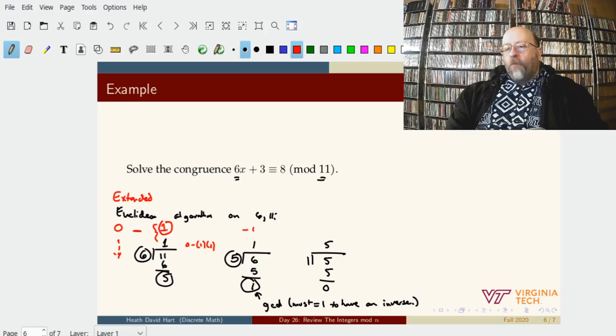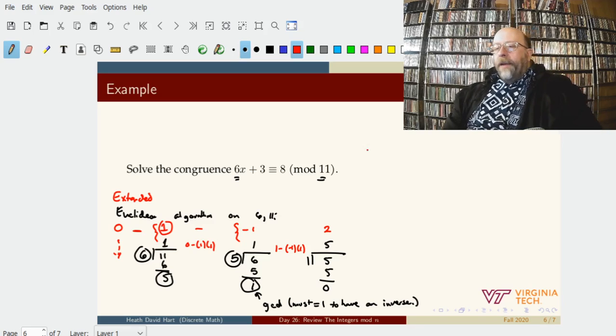And then I will do 1 minus this product. So 1 minus negative 1 times 1 is 1 plus 1, which is 2. And the last number we get up here is the multiplicative inverse.